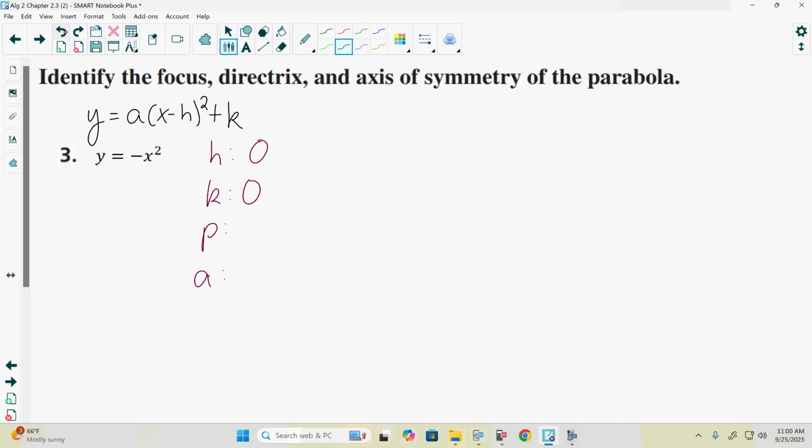What's the value of A? -1. Now to find the value of P, P is equal to 1/4A. We plug in A. So 1/4 times -1 is -1/4.